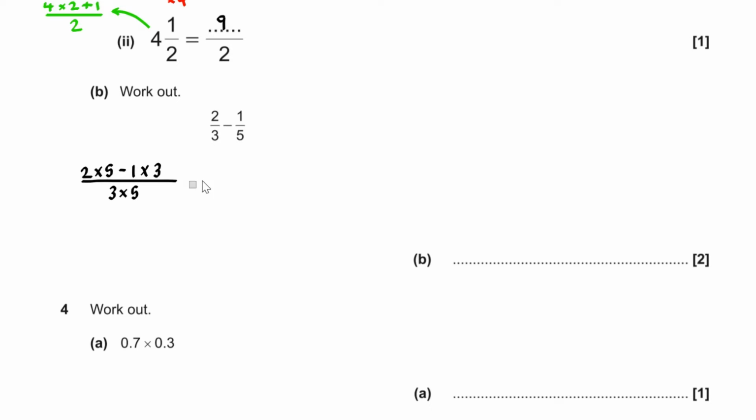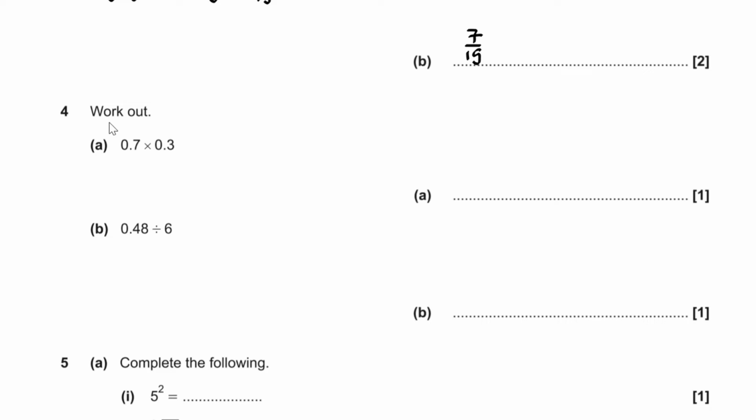So if we work this out, what we have is 10 minus 3 over 15, which you can see is equal to 7 over 15. So we have 7 over 15.